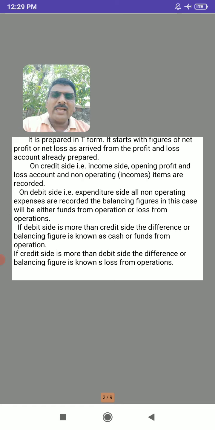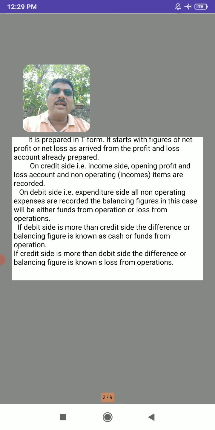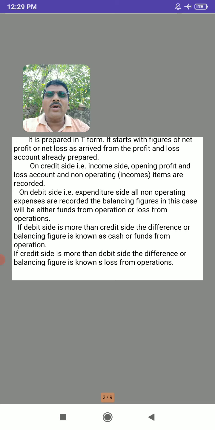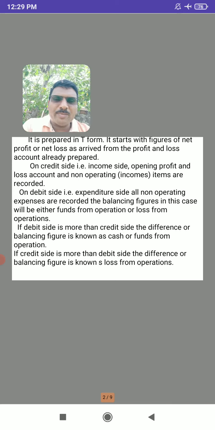Next, on the debit side, when it comes to the expenditure side, all non-operating expenses are to be recorded. All non-operating expenses means all the things we have taken, like transfer to general reserve or depreciation or any loss on sale of asset or any purchases, etc. What we have expended, all the things are recorded on the debit side or expenditure side.